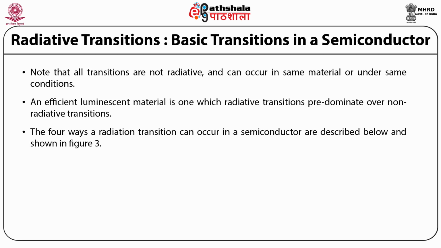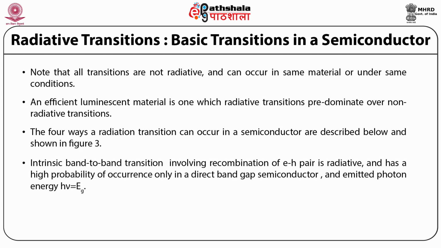So the four ways a radiative transition can occur in a semiconductor are described below and are shown in this figure. First one is the intrinsic band-to-band transition involving the recombination of an electron-hole pair.